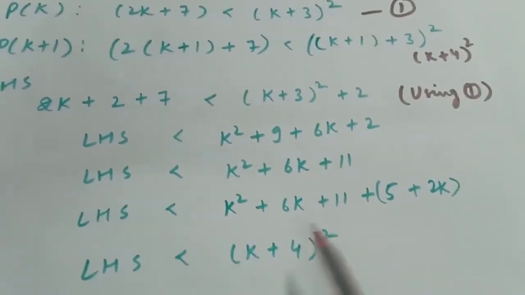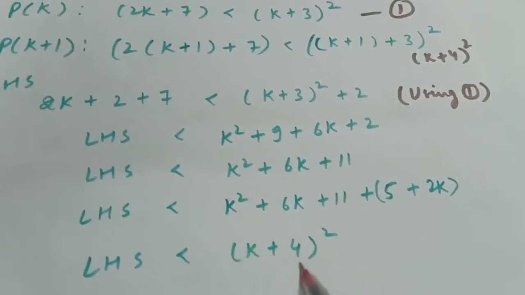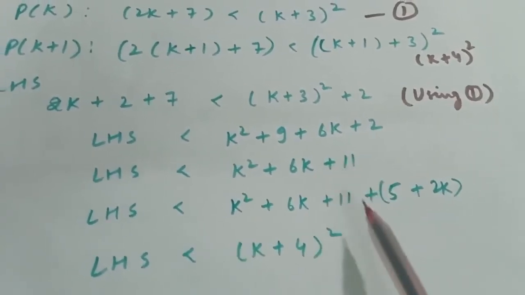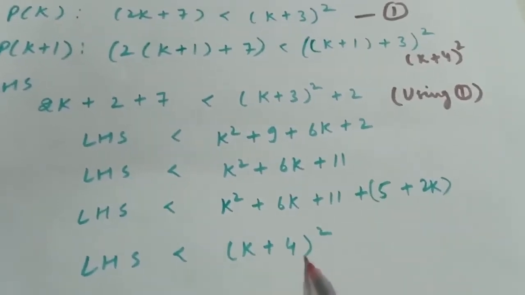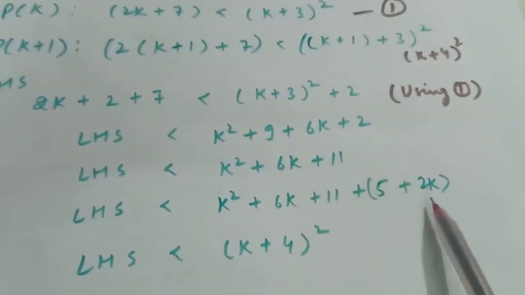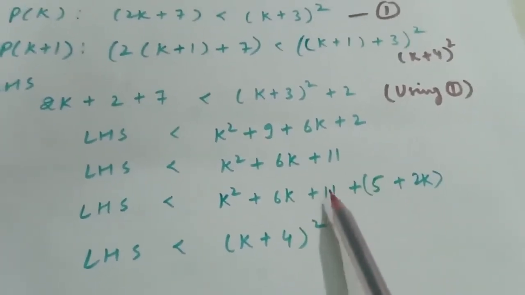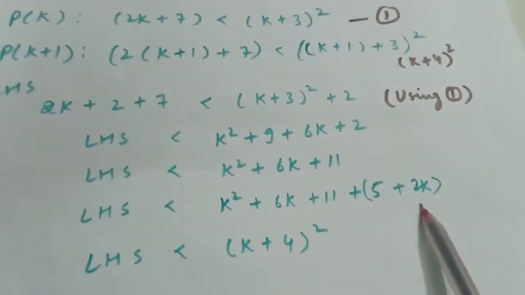So what we have to do, as (k plus 4) whole square is k square plus 16, right? And here we have 11. So we will add 5, and then 8k will come in the next term of (k plus 4) whole square. Here we have 6k. So we have to add 2k. To make our RHS as this, we have added 5 plus 2k.